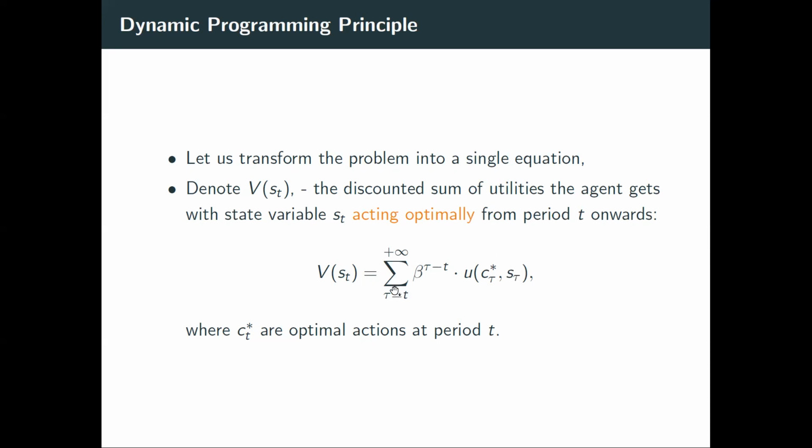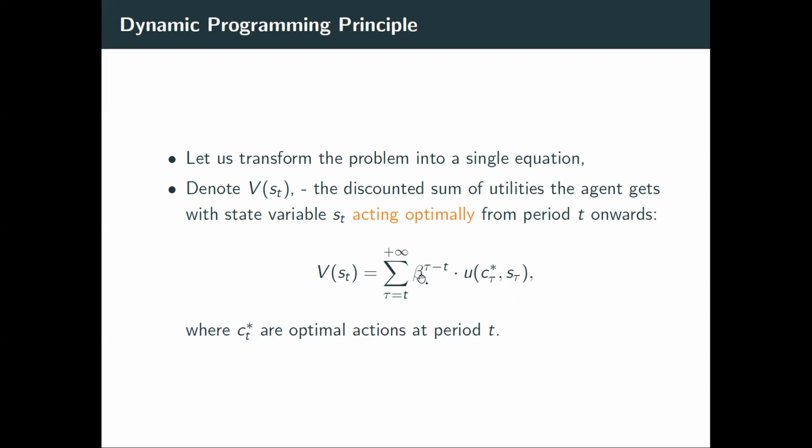And then for all future periods, you start to discount them with beta, then with beta square, and so on. So the value function for state variable ST is defined in current terms, when you're already at period T and you choose CT and carry the first utility, and then you start to discount. What is important is from which point in time you evaluate the utility.